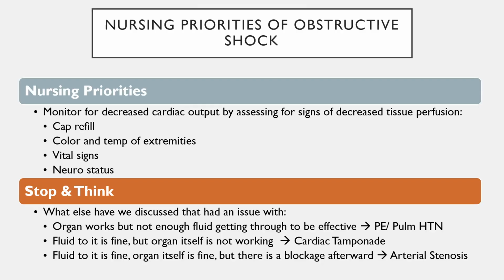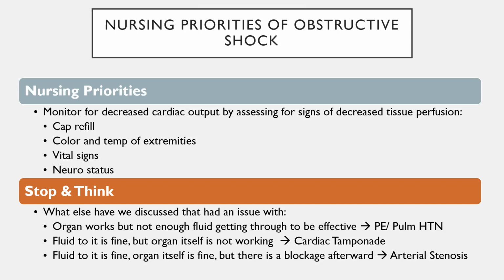When you look at their toes and you touch them, is there good cap refill? And then look at their vital signs or look at their neural status. When you look at vital signs, you're going to see tachycardia, maybe not. At first with this, you'll see tachycardia, but as the heart continues to be obstructed, it's just going to give out on you. Then you have neural status.